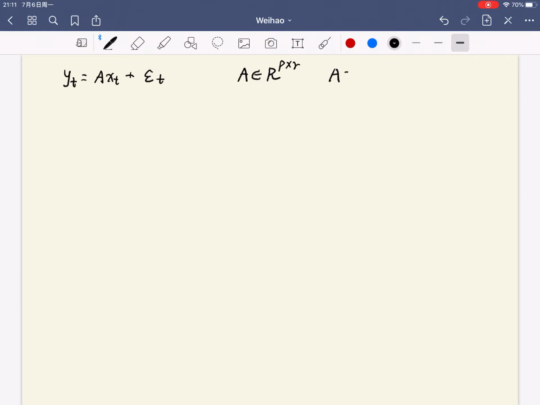The QR decomposition gives a part that is a unitary matrix. This Q is p by r, and this upper triangular matrix R is r by r. For this Q, it satisfies Q transpose Q equal to the identity.